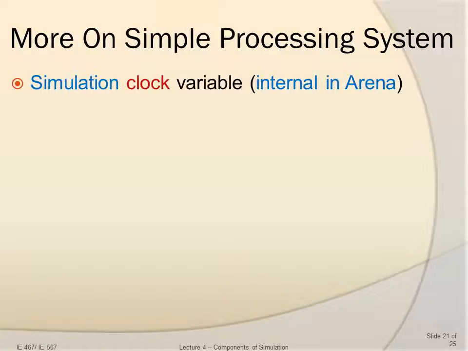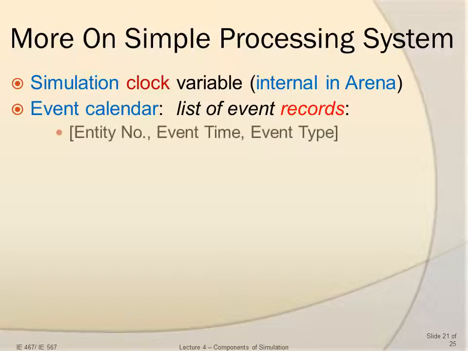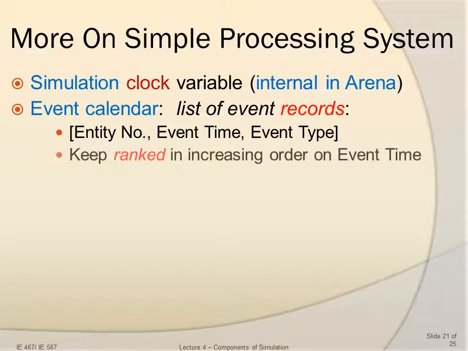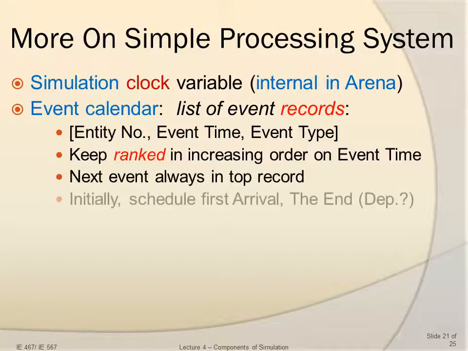When we look at the simulation clock variable, which is internal in Arena, we also need to use the event calendar, which is a list of event records. It includes entity number, event type, and time. We need to keep these events ranked in increasing order of event time, and the next event is always in the top record.